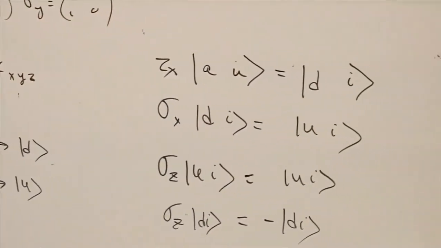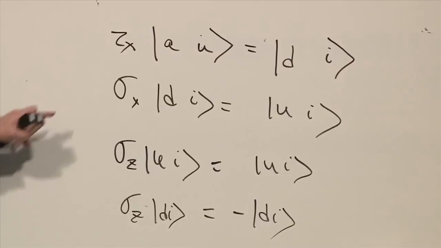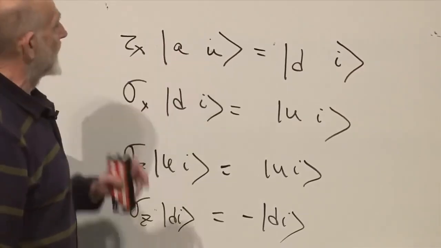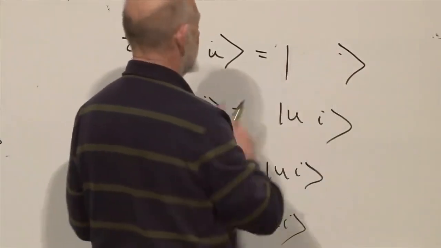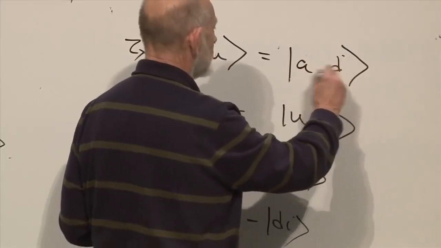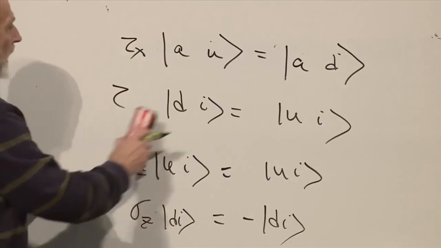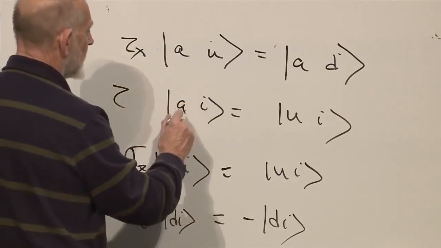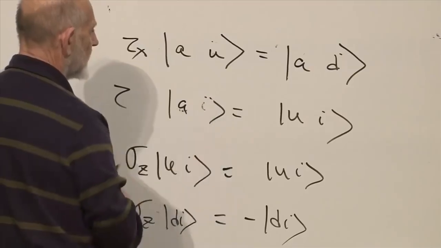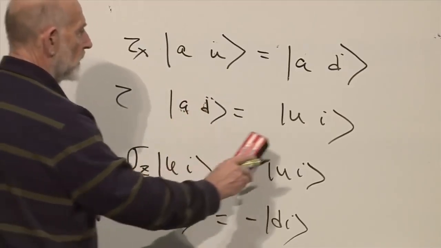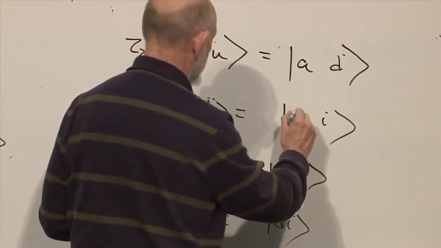A could be anything. Now, A can be up or down. Doesn't matter. Tau x on A up is equal to A times down, and tau x on A down is equal to A up.